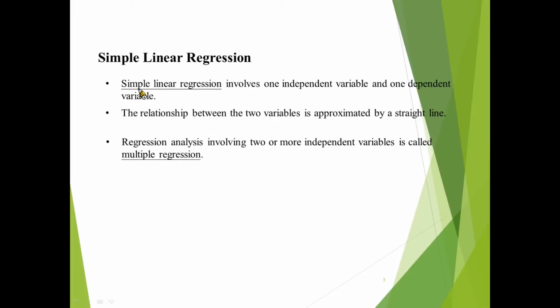In simple regression, the relationship between the two variables is approximated by a straight line. You can see a negative relationship, a positive relationship, or maybe no relationship. Regression analysis involving two or more independent variables is called multiple regression.